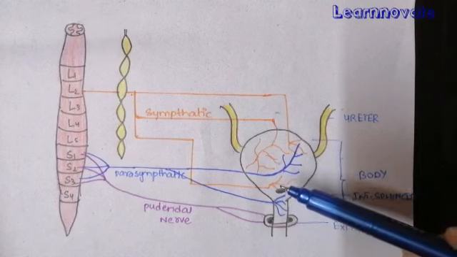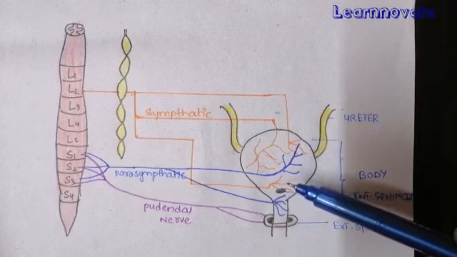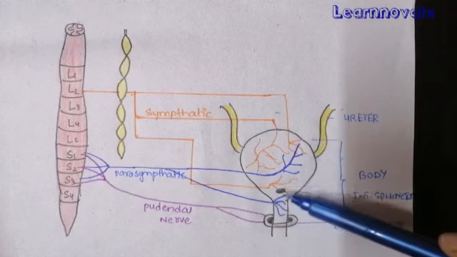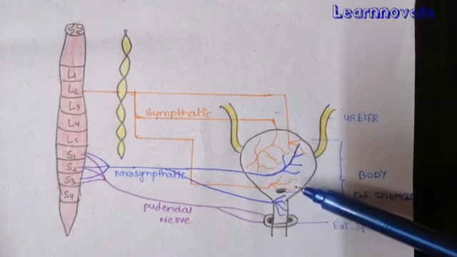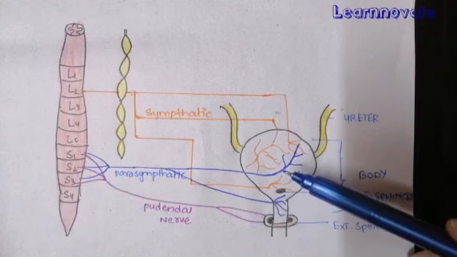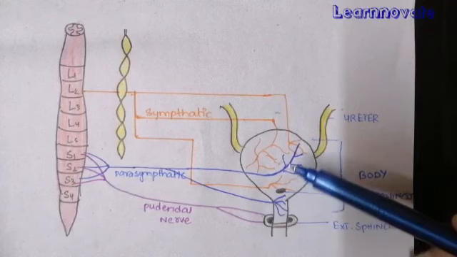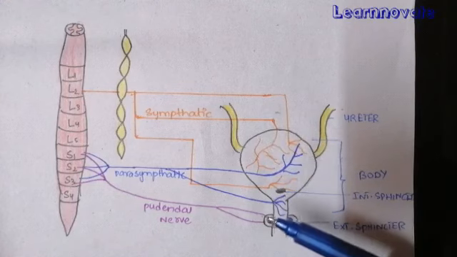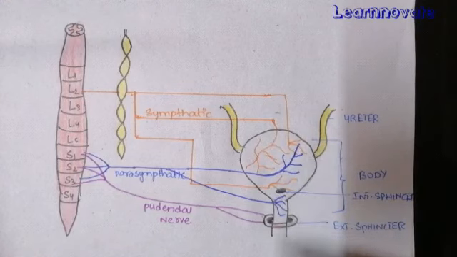Here the detrusor muscle contracts and there is a release of the urine towards the exterior, and the internal urethral sphincters relax, and the micturition reflex occurs. So you can say the parasympathetic causes micturition, while the sympathetic inhibits the micturition reflex.